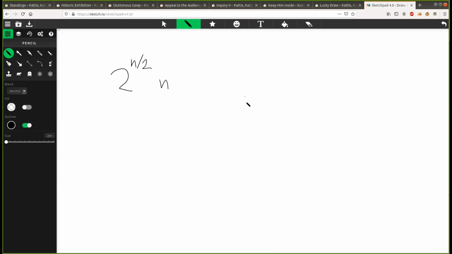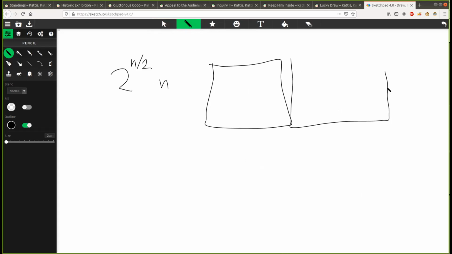So what you can do is split the set of nodes into 2 sets. And then for each subset of one of the halves, there's some subset of the other one that's allowed to hold.